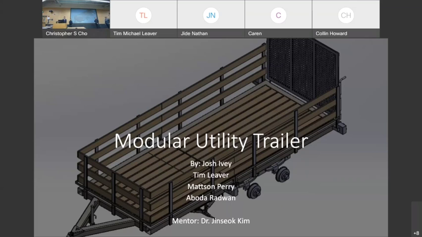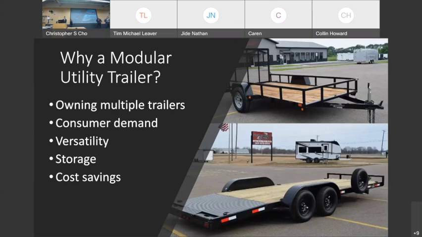As introduced, we designed a modular utility trailer. So, why did we design it? One thing I noticed within the market is that many individuals who own trailers may own several different configurations.